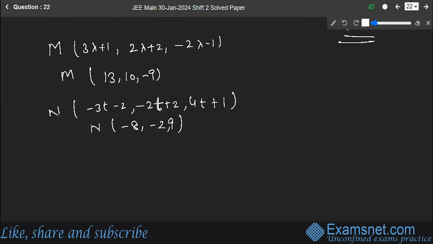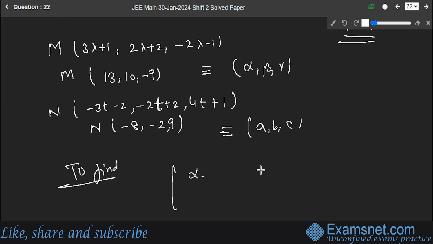Right? So this was your alpha, beta, gamma, and this was your A, B, and C. You had to find out in the question alpha, beta, and gamma divided by A plus B plus C, whole square.